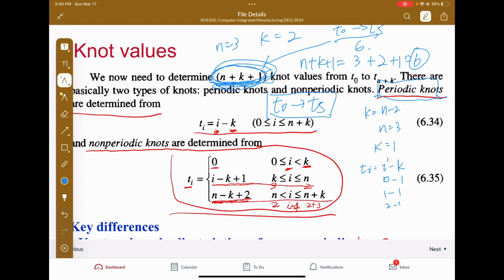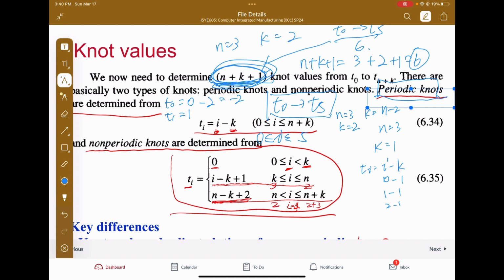So for example, in our case, we have n equal to 3, k equal to 2, and i will be smaller than 5, larger than 0. So t0 will be 0 minus 2, which is negative 2.